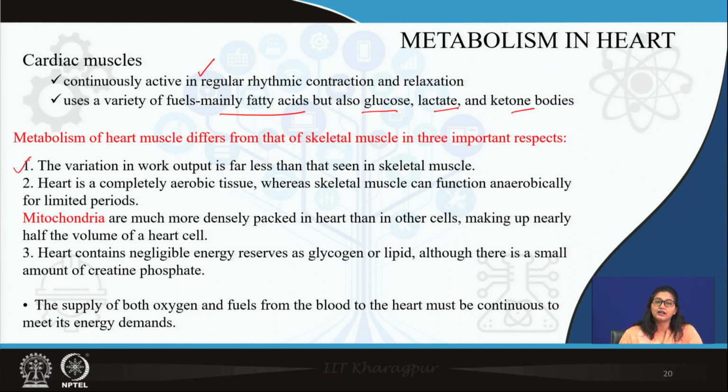Then because heart is aerobic tissue, a continuous supply of oxygen and blood circulation should be there, and also the stored form of energy in heart is very low, like glycogen and lipid storage, which are present in very small quantity. So the supply of oxygen and fuels should be continuous in heart, or else we get the anoxic changes which we describe in myocardial infarction.